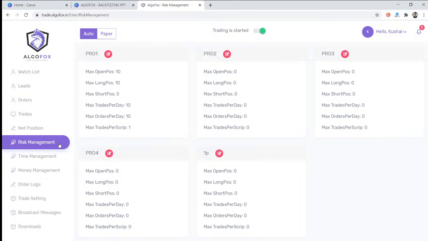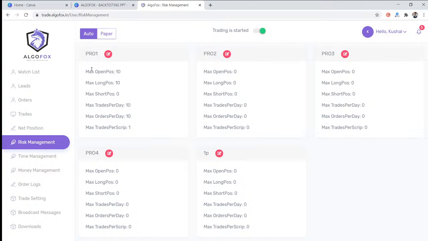In the risk management, you can manage your risk. That means when you're running an algorithm, how many open positions you want using your algorithm. Sometimes, a small error or glitch in your algorithm may generate thousands of signals in a second and send them across. It might wipe down your entire account. To manage that, you can define the maximum open positions as 10 or 20 or whatever you want.